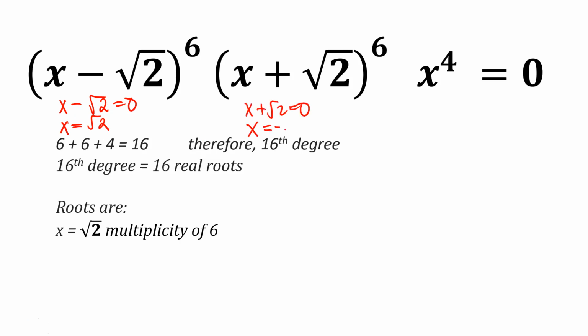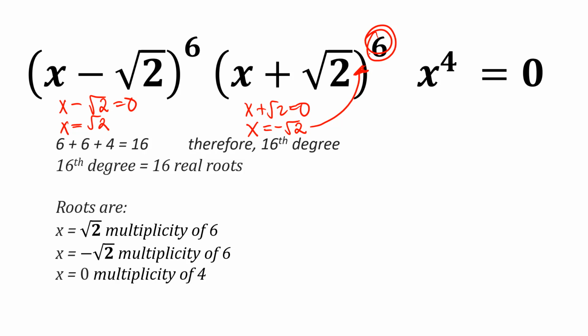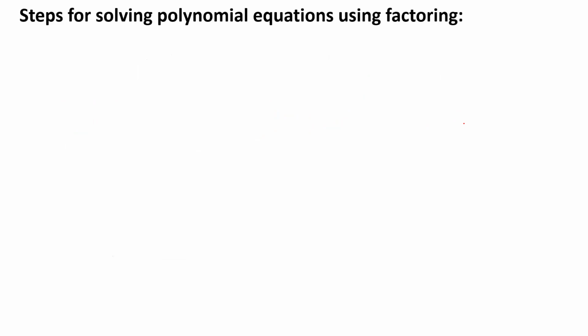Transpose natin, x is equal to negative square root of 2. So, multiplicity also of 6. So, kung ano yung multiplicity, ito yun, no? Kung ilang beses siya nagkakaroon ng negative square root of 2. And lastly, x is equal to 0 kasi x is equal to 0. Therefore, x is equal to 0, multiplicity of 4.